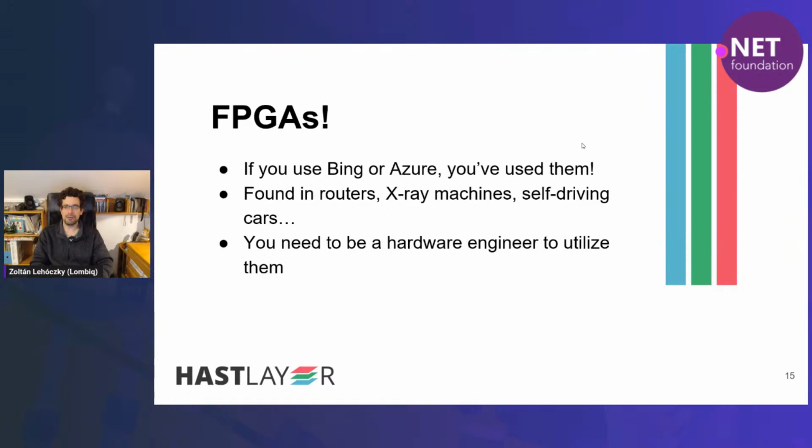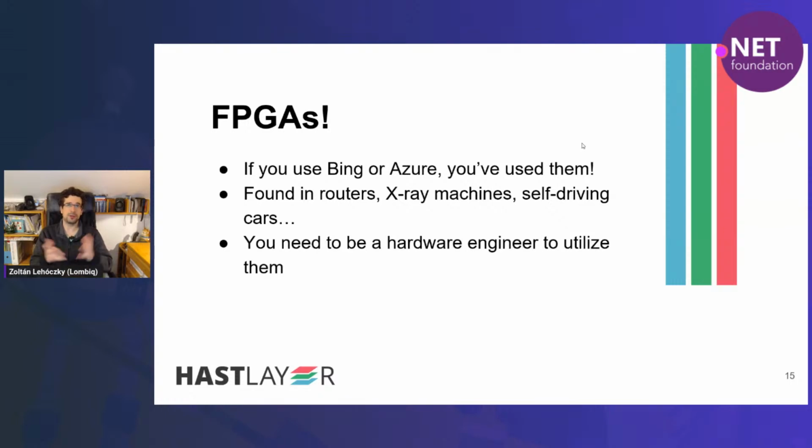And if you Google something on Bing, as they say, then, well, you have used FPGAs because it is accelerated by FPGAs too. Or if you run anything on Azure, same thing, because Azure uses FPGAs for networking, to accelerate networking.